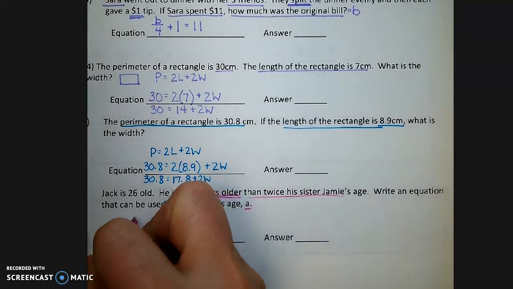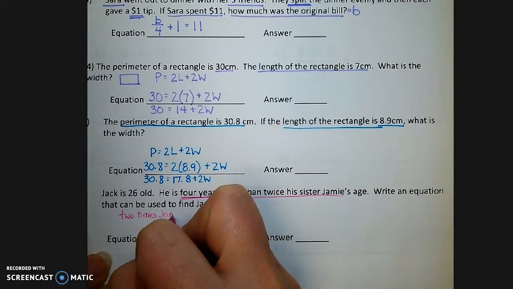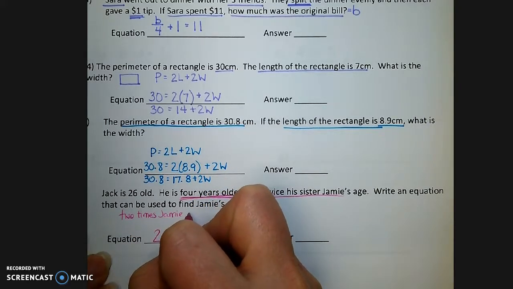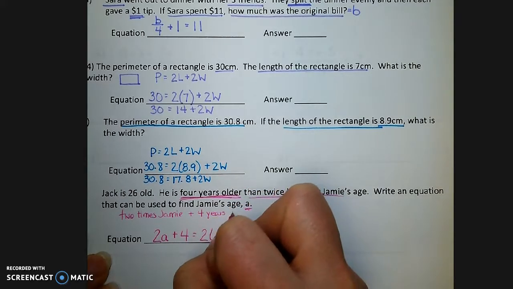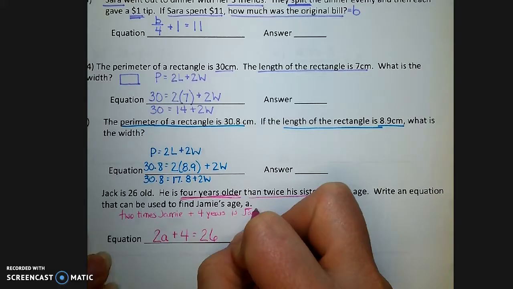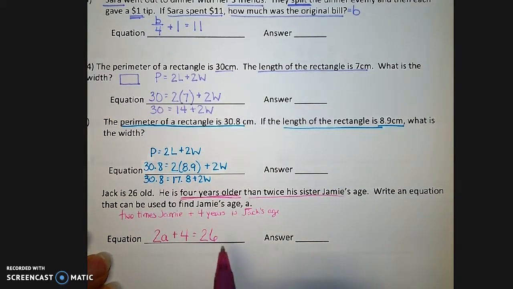I can say 2 times Jamie plus 4 years is Jack's age. And then I can also go back and I'm like, oh, 2 times Jamie. Well, Jamie in this case is A, plus 4 years more. And then is, that's my equal sign, Jack's age is 26.